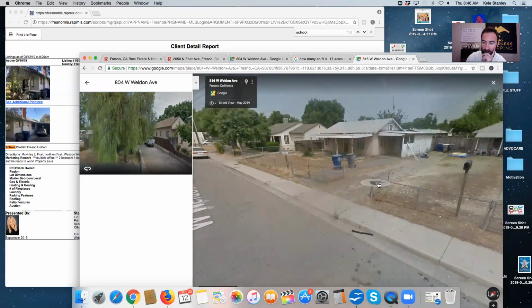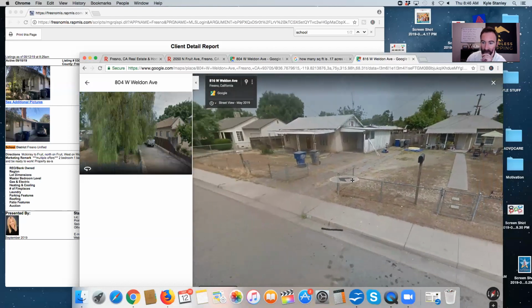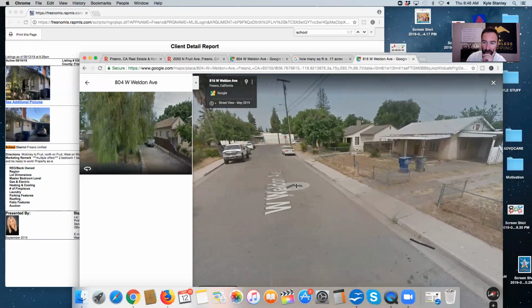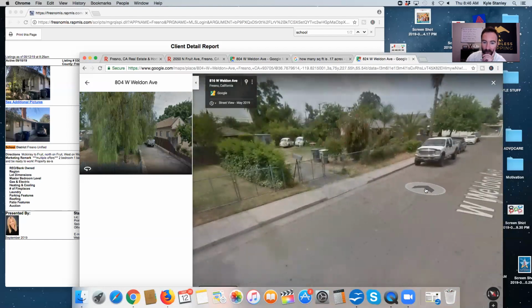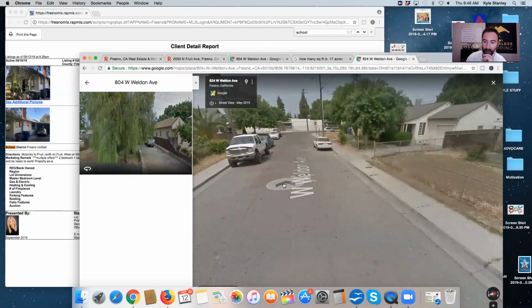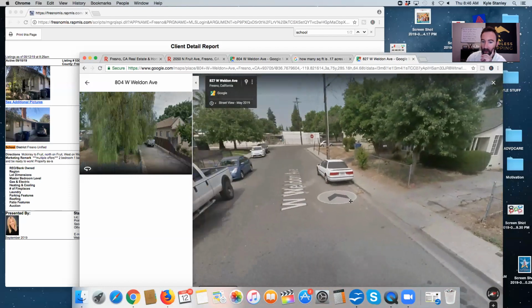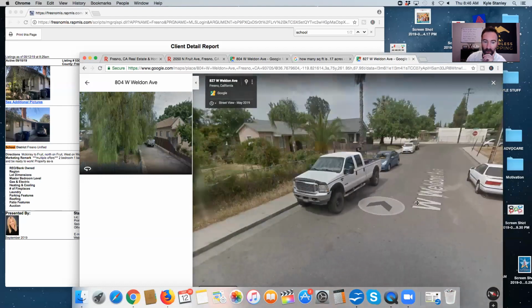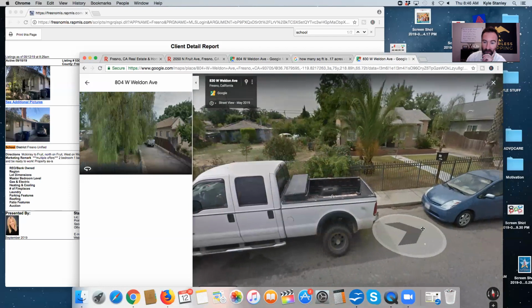And let's see, next door neighbor. It's fine. A little bit of mess in the yard. Going through this right now, what I'm seeing is my neighborhood might be a little lower in quality versus the neighborhood of my comp. This is a nice house.